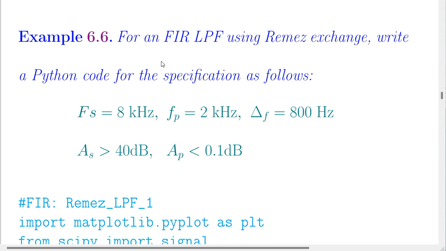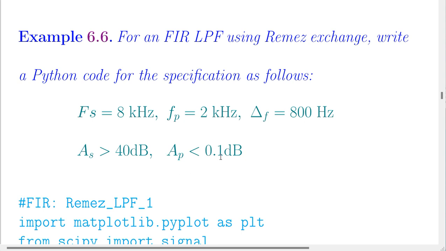Anyhow, example 6.6. For an FIR low-pass filter using Remez exchange, write a Python code for the specification as follows. Fs 8 kHz, keeping the same examples for newer discussion as well. 8 kHz for sampling frequency, Fp 2 kHz, delta F 800, attenuation 40 dB, and passband ripple 0.1 dB.